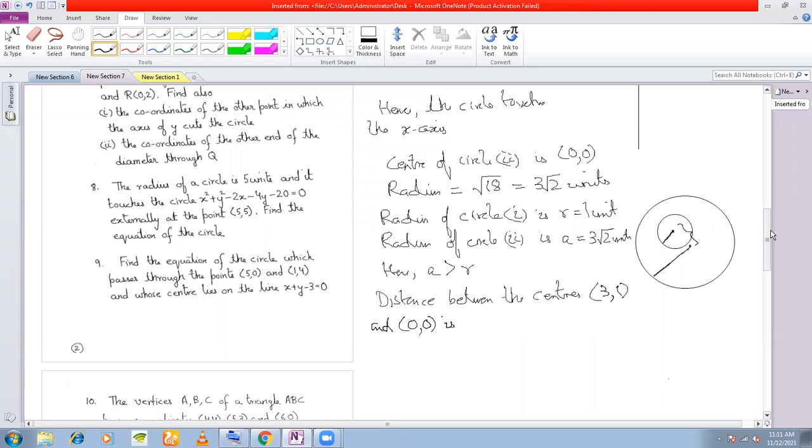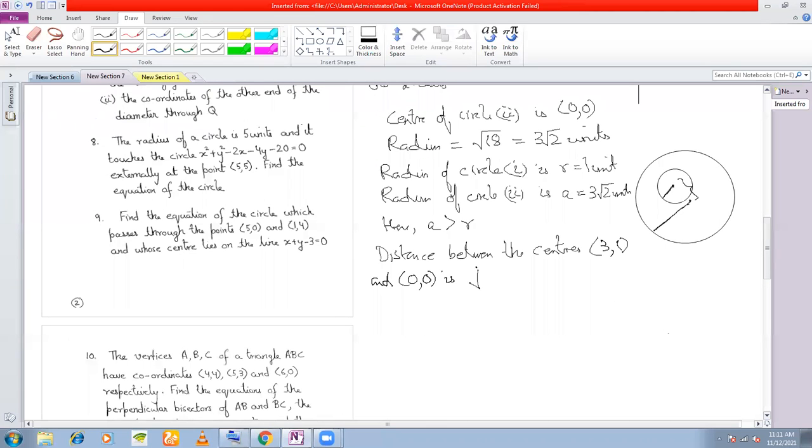Is root over of, by distance formula, 3 minus 0 square plus 1 minus 0 square, which is equal to square root of 3 square plus 1 square, which is equal to root 10 units, right?